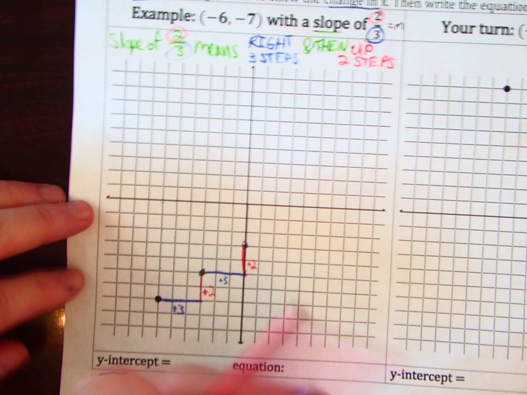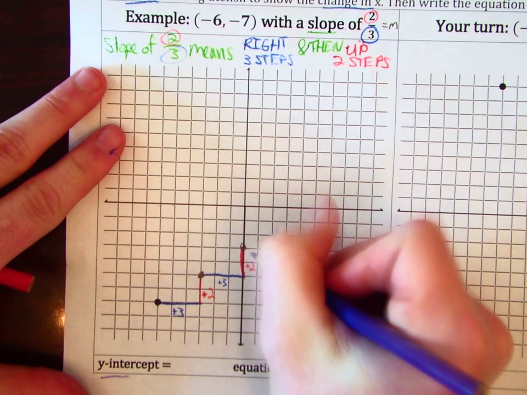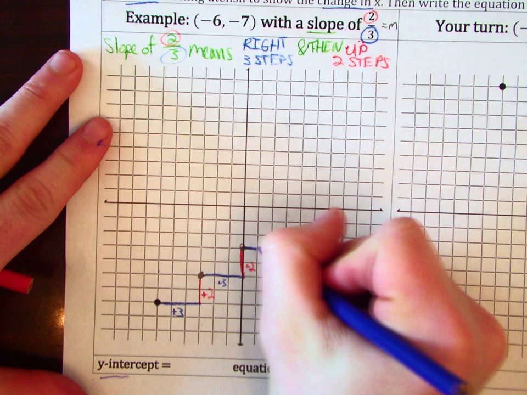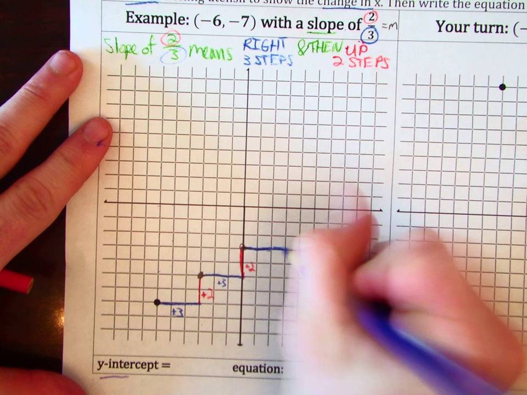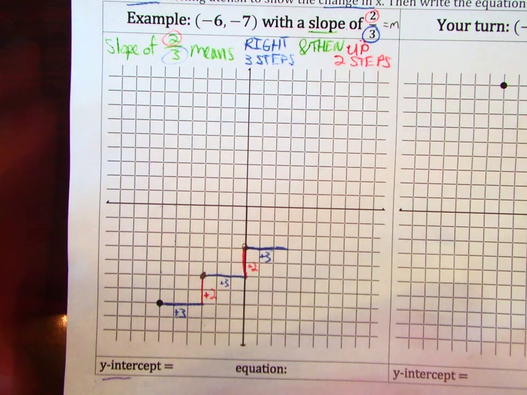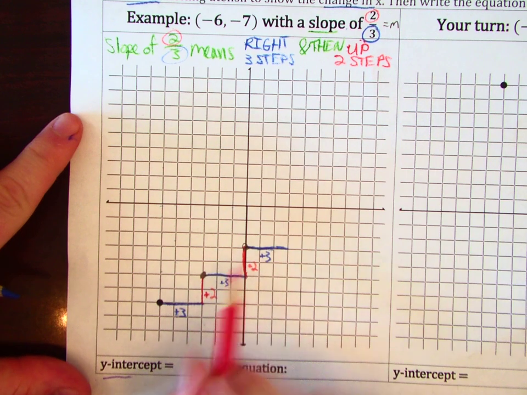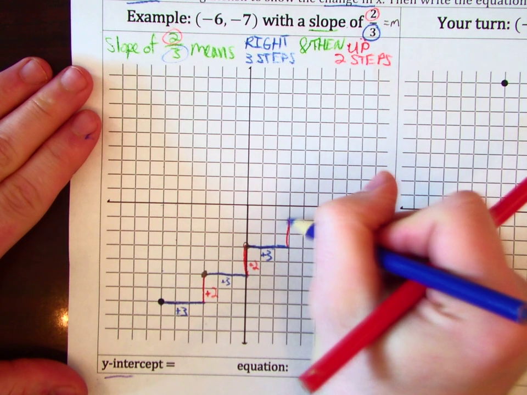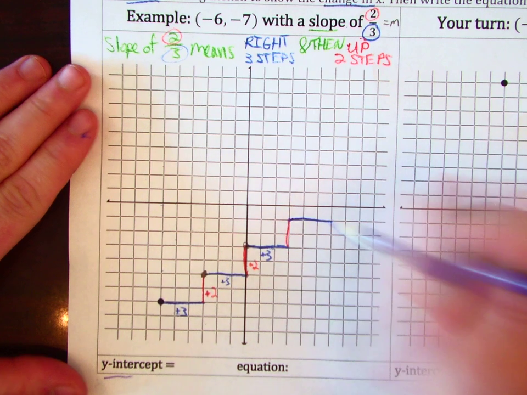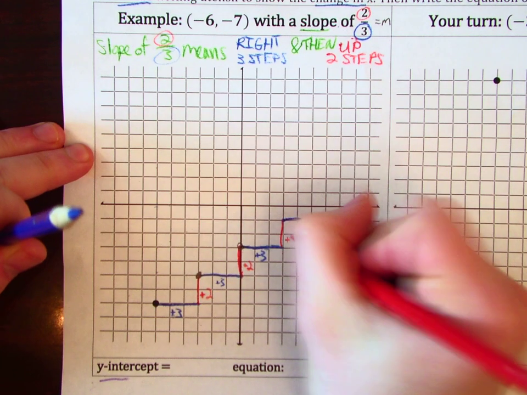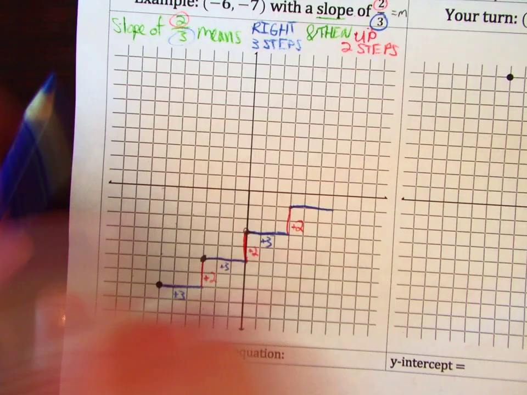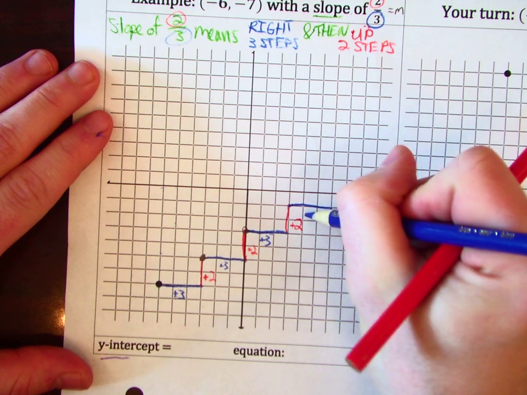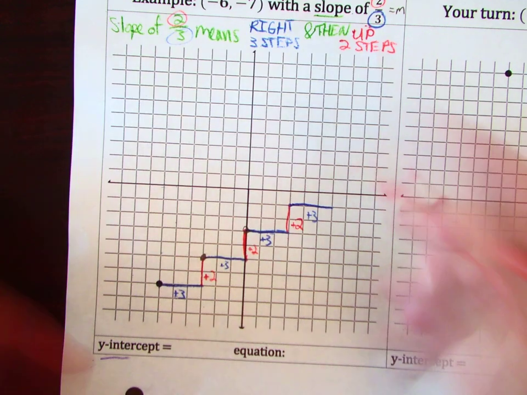This process is repeated infinitely many times, so you can have as many points on the graph as you want. So make sure you're going 3 steps right, 2 steps up, 3 steps right, 2 steps up, and so forth, to build this staircase. If you need to pause the video at any point so you can plot your points, please do.